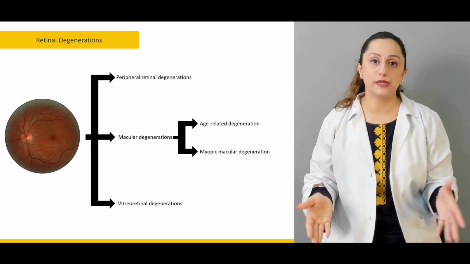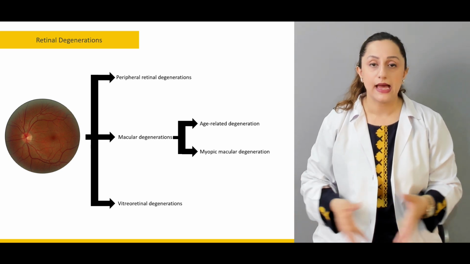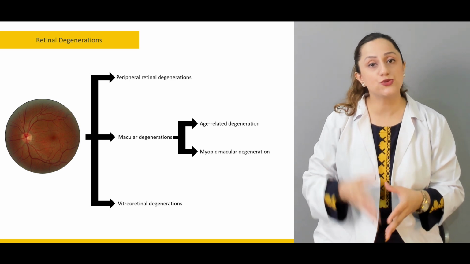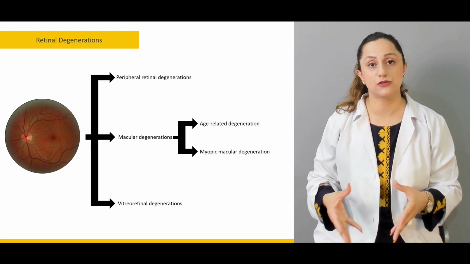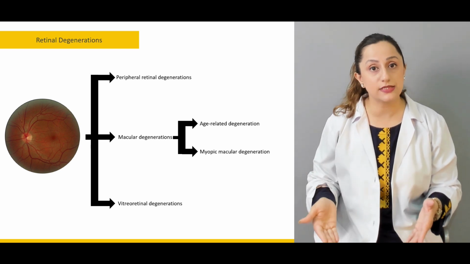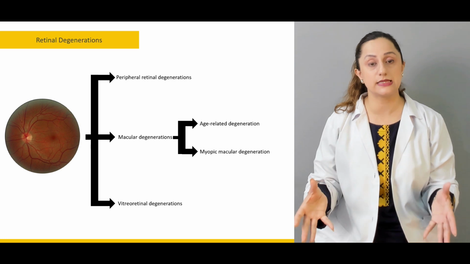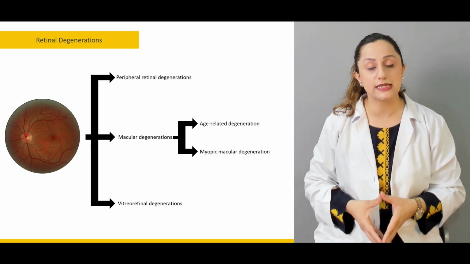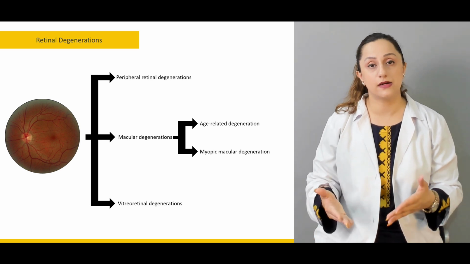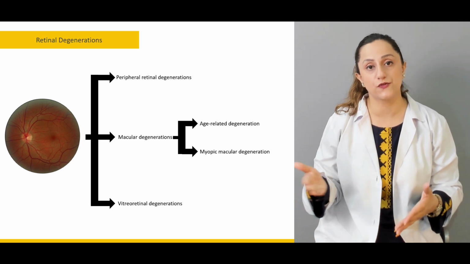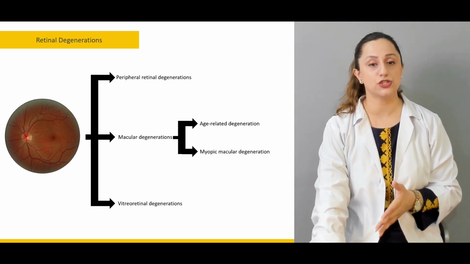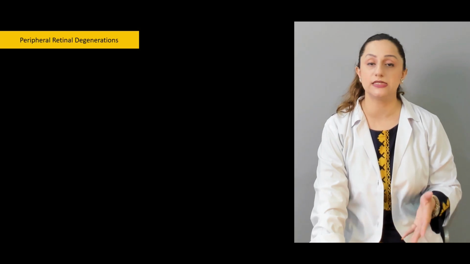The most common complication is retinal detachment, and the most important treatment would be to treat this retinal detachment through procedures like pars plana vitrectomies, as well as a lot of laser therapies that are provided for such complications. So this would be the whole classification that we can give for the retinal degenerations.